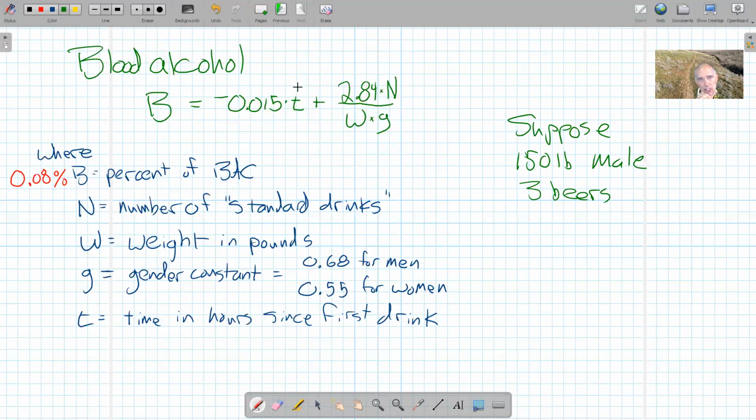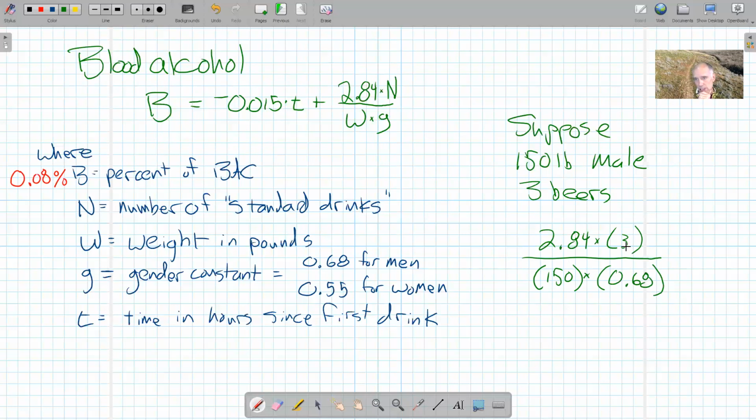And let's hold off on the time for just a moment and just simplify this fraction right here. So if I rewrite that fraction right there, that's going to be 2.84 times 3 beers divided by the weight, 150, times the gender factor, which is for a man, 0.68.